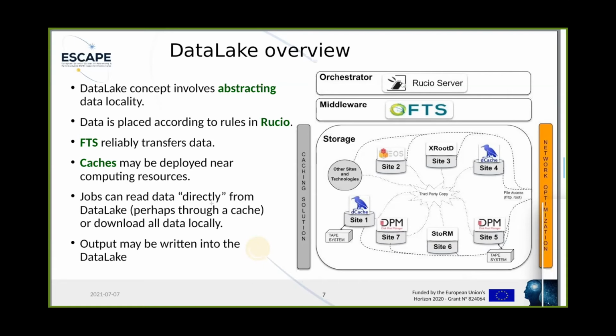You access data either directly, so literally reading from where the data is stored, perhaps through a cache, or the other popular option is you just download the data that you need locally, something like attached storage on a cloud system, or perhaps even a hard disk on a server, that kind of thing. And then you can access the data or analyze it from there.